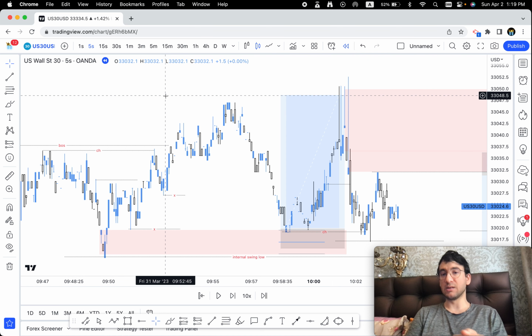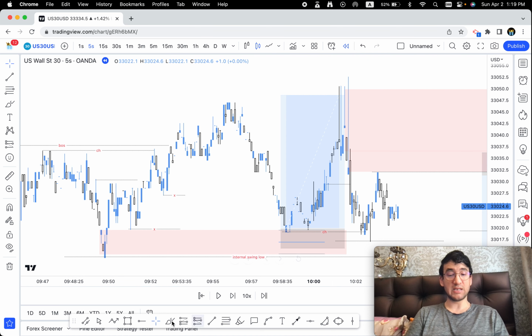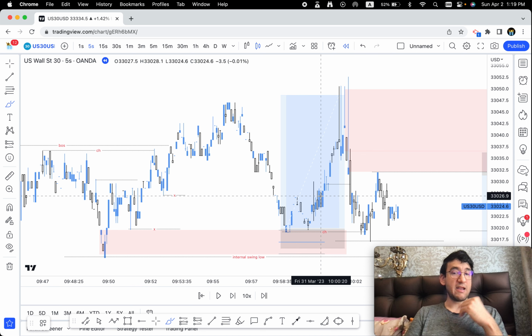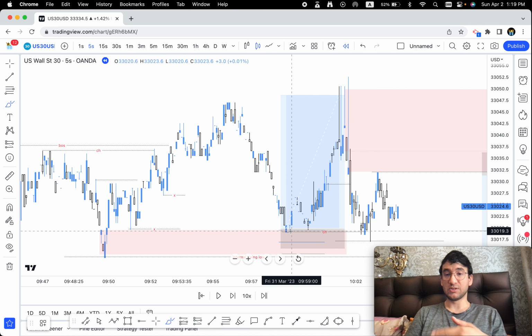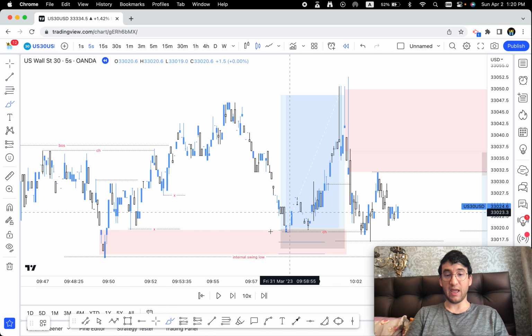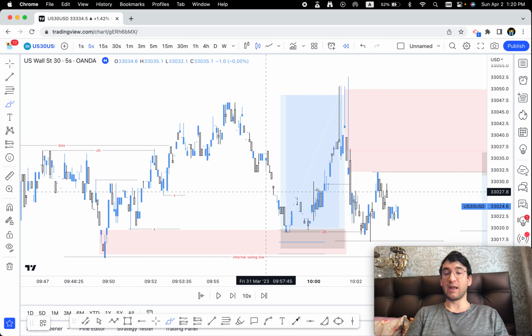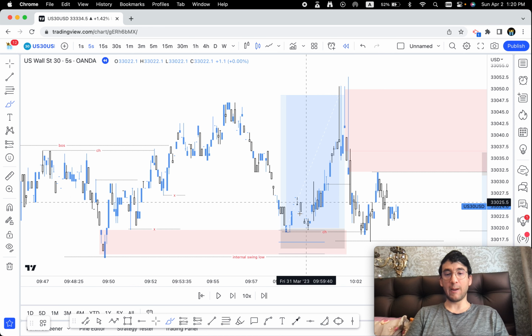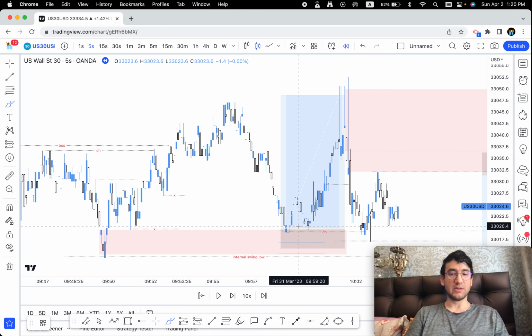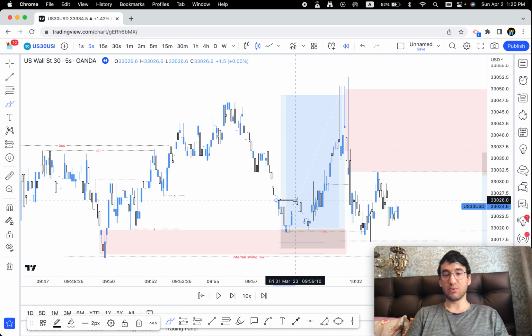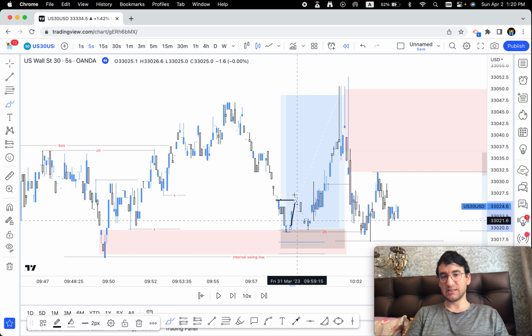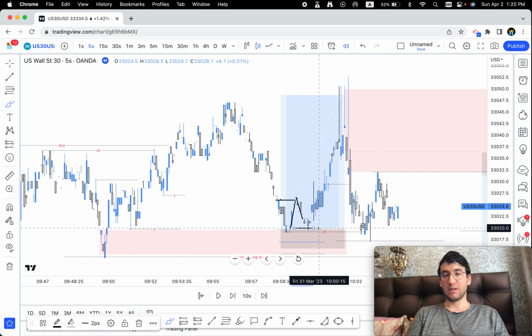It's sometimes too late to take a confirmation entry, and the reason I say this is because you might have been in a scenario where price comes to your, let's say, demand zone, supply zone, fair value gaps, what have you, and then you're looking for that, let's say, CHoCH, that change of character that we all love, right? Well, let's just say price didn't even come down here, didn't even come to this low, and price just took off.